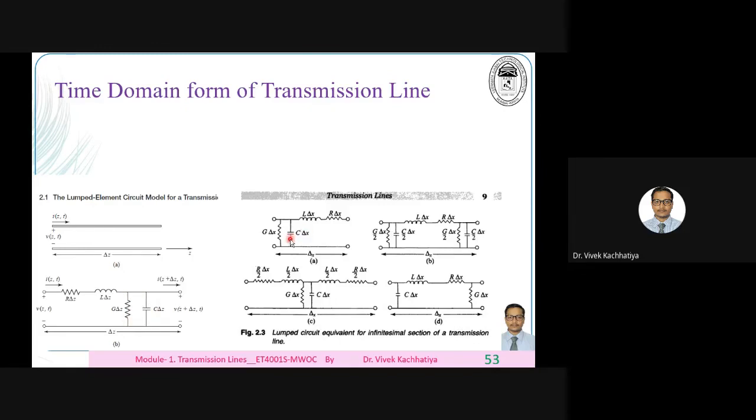Even here, this is also the same lumped circuit equivalent of an infinitesimally small section of transmission line. So here you will see G and C are in parallel and L and R in series. So this is also one of the representations.